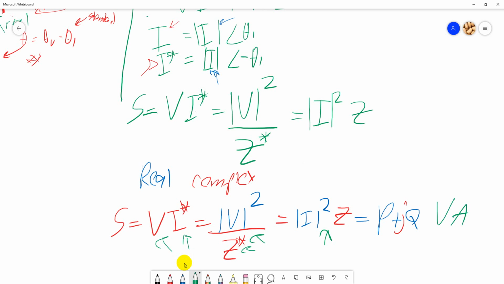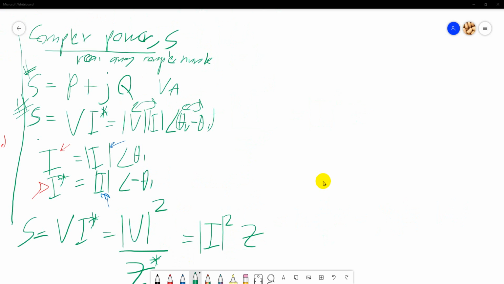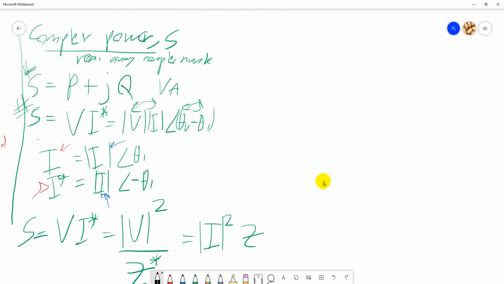So this is the formula. You have to memorize everything. So what is the next part? You have P, you have Q, you have S for apparent power, and you have S for complex power. The next thing you need to know in power for AC circuits is power factor.